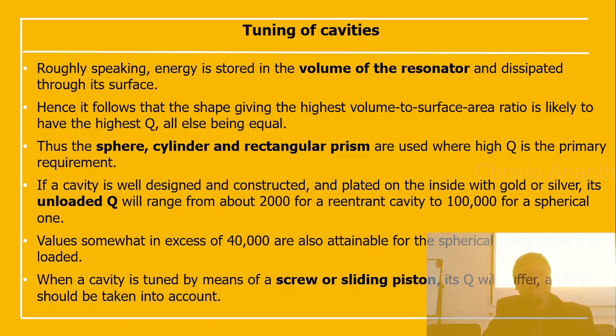If the cavity is well designed, well constructed, and plated on the inside with gold or silver, its unloaded quality factor will range from maybe 2000 for the reentrant cavity to 100,000 for the spherical one. So values would be more or less 40,000, which is okay for the spherical cavity in the loaded condition.